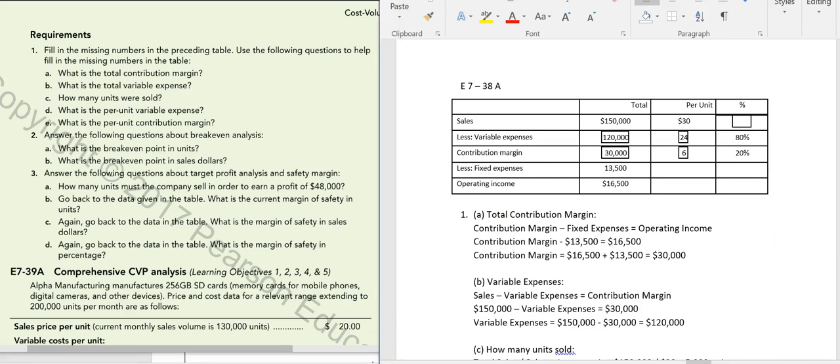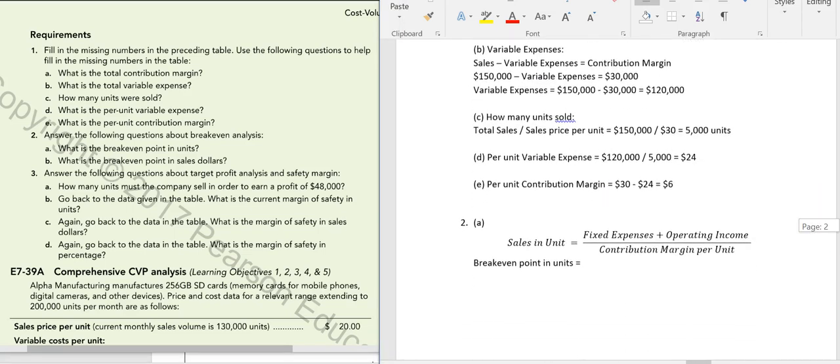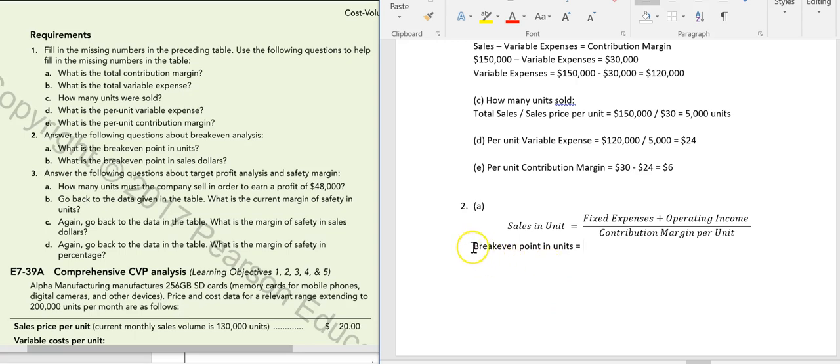Our fixed expenses 13,500, and then I will plug in 0 as the operating income, because at break even operating income is 0, right? So now this is our top part of the numerator.